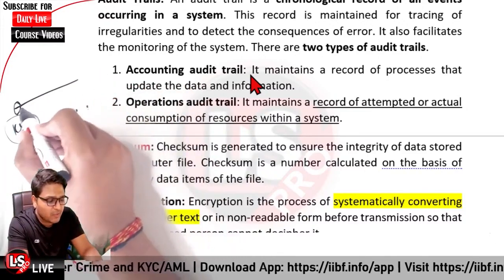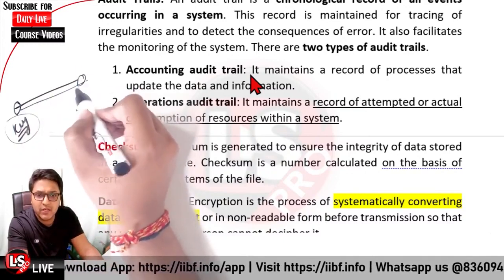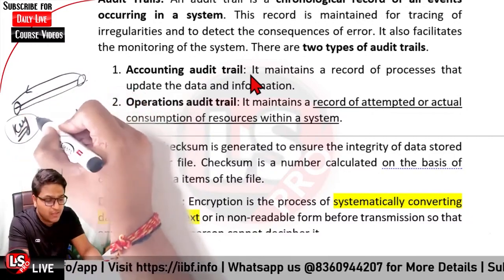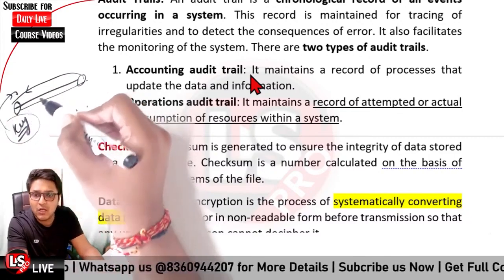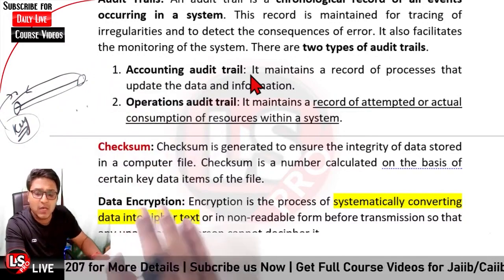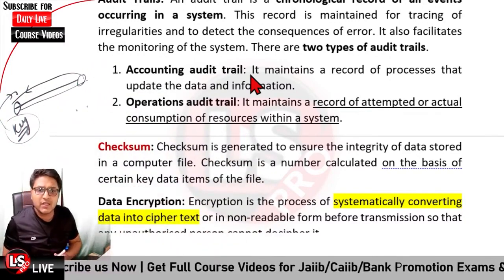When this particular data is updated and is going to be updated in the system itself, this key will be matched, to check whether there is some unauthorized updation. That is checksum.